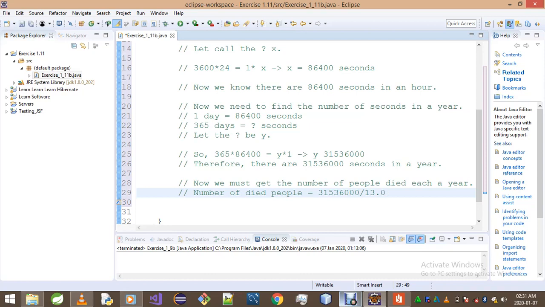The only thing that would make sense is to have 20 dead bodies, right? So we're not gonna use a double value. We're not gonna put a decimal point. We're just gonna say 13 people. Okay, so this actually gives us 2,425,846.